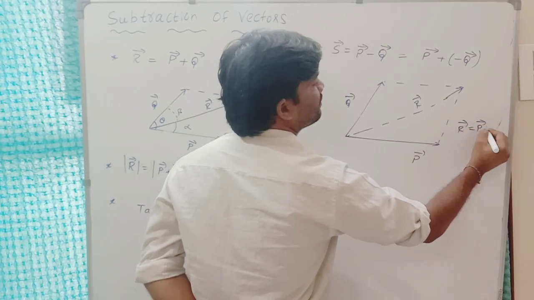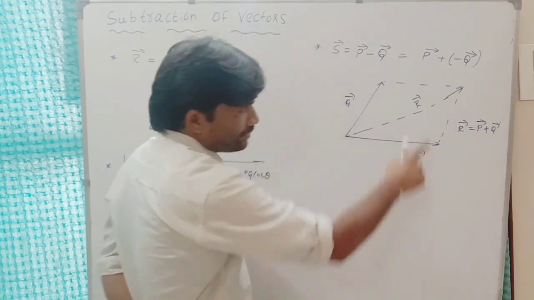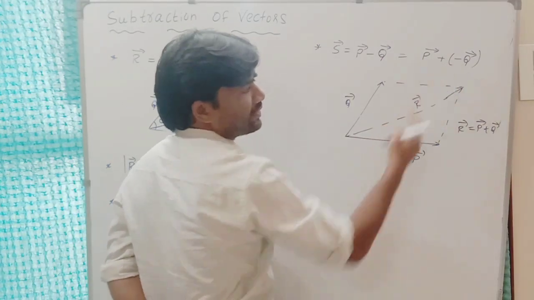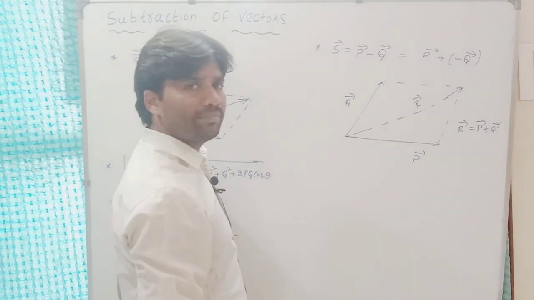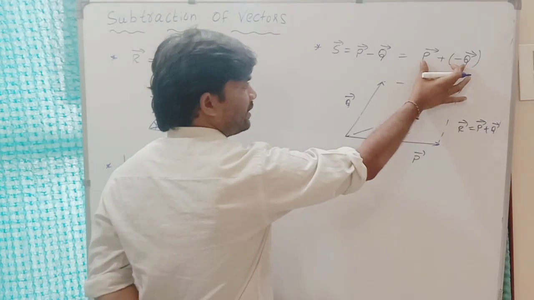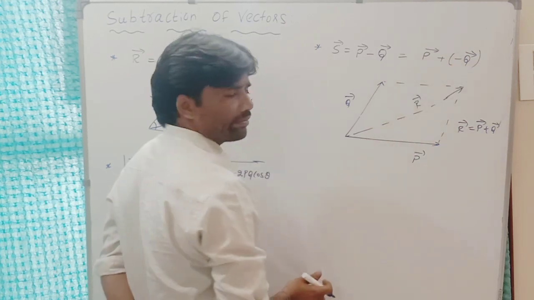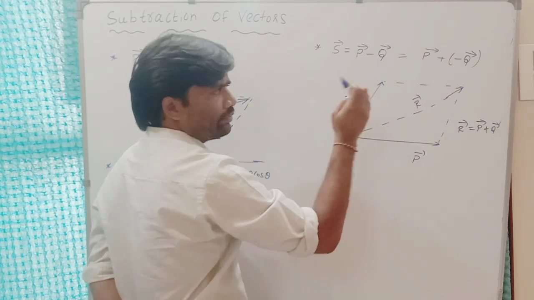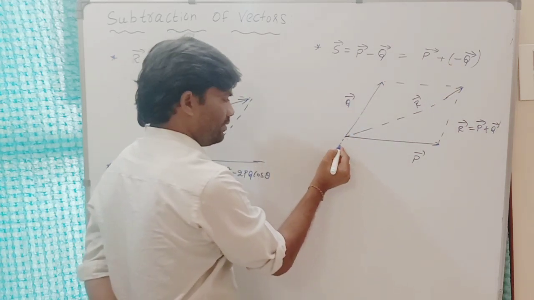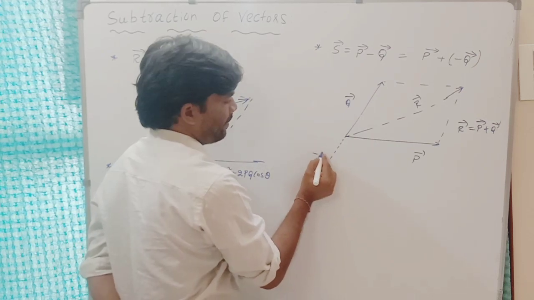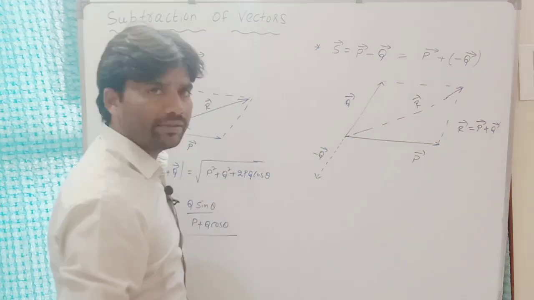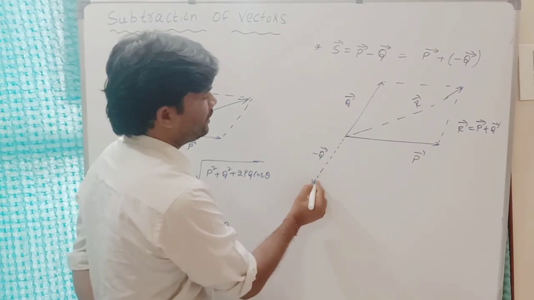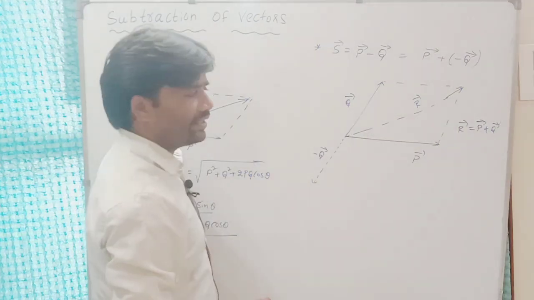P plus Q. Now to get the graphical representation for P plus minus Q, we need minus Q. This is Q. That minus Q is in the opposite direction to Q with the same size. So this is minus Q. Q and minus Q are of the same size and in opposite directions. The angle between Q and minus Q is 180 degrees.